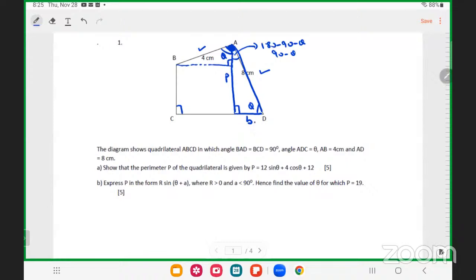So I will name it B1 and this is P1. Sine theta is P1 upon 8. So P1 is 8 sine theta. Cos theta is B1 upon 8. So B1 is 8 cos theta.